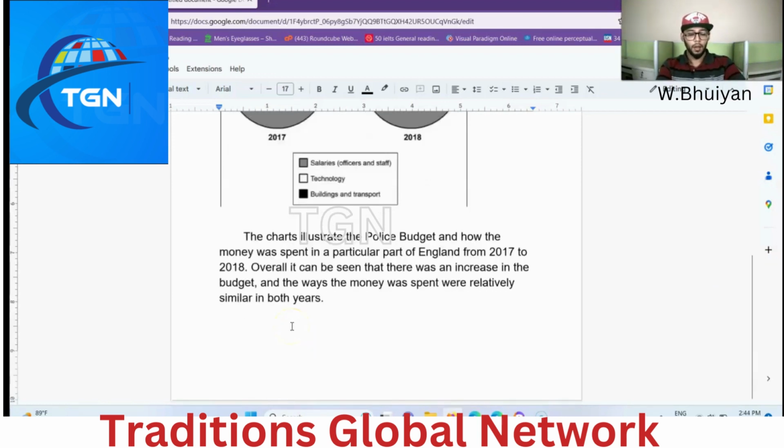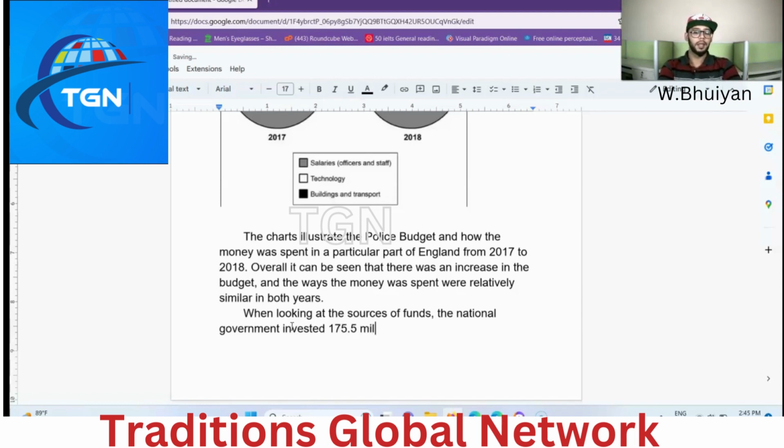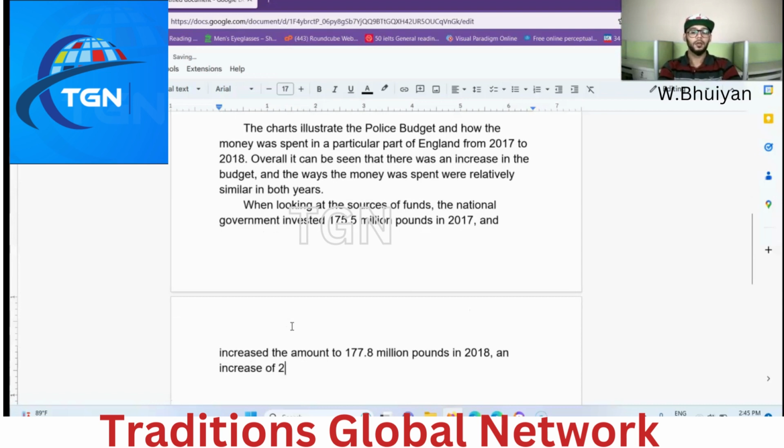When looking at the sources of funds, the national government invested 175.5, I believe, million pounds in 2017 and increased the amount to 177.8 million pounds in 2018. An increase of 2.3 million.